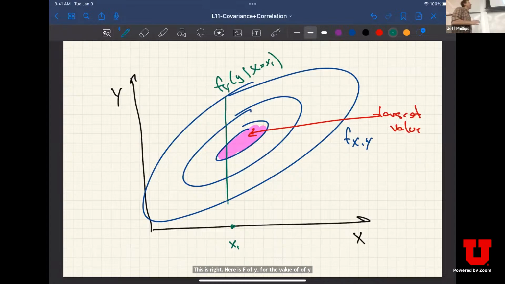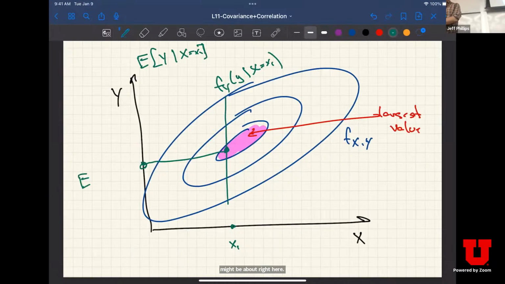So the conditional probability is the probability that y takes a value on the y-axis here, given that the x value is here. In the last lecture we calculated the expectation of y given x equals x1. So we can calculate the expectation of this, and that might be about right here. So this would be the expectation of y given x equals x1.